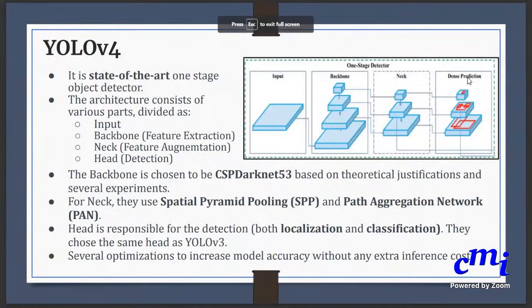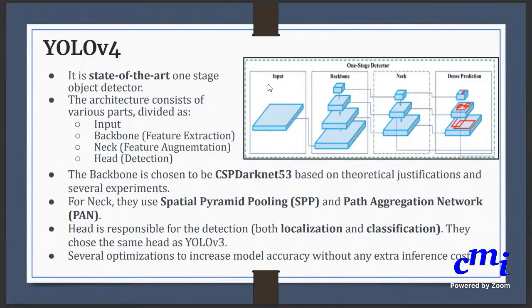YOLO V4 is a one-stage object detector. Usually a one-stage object detector consists of the following parts.